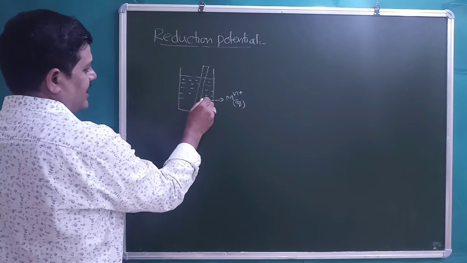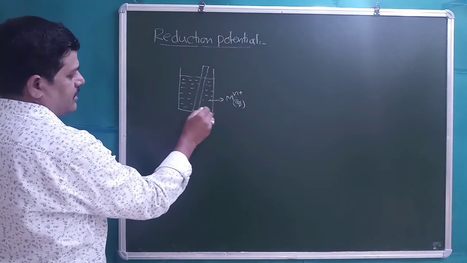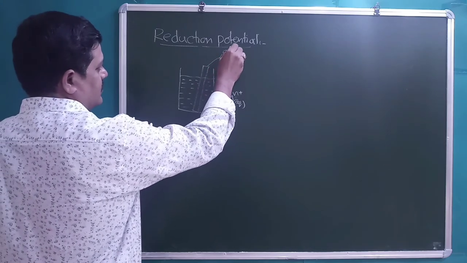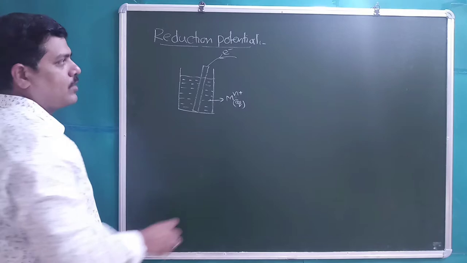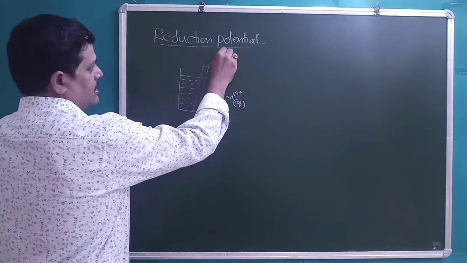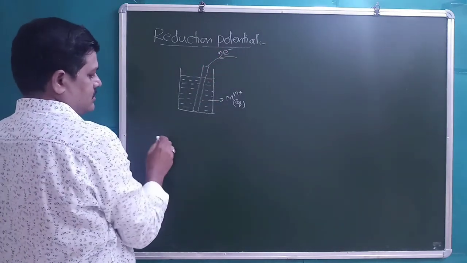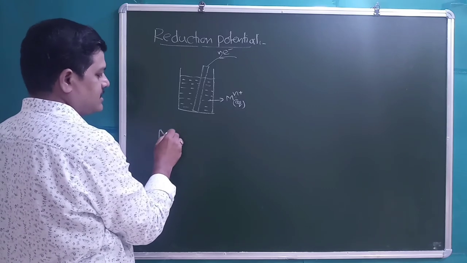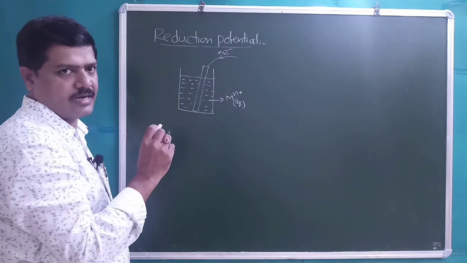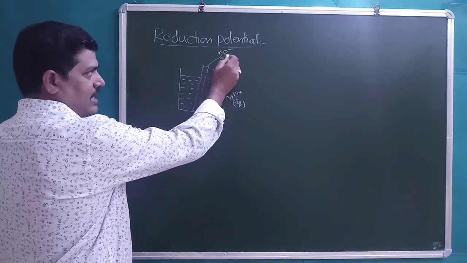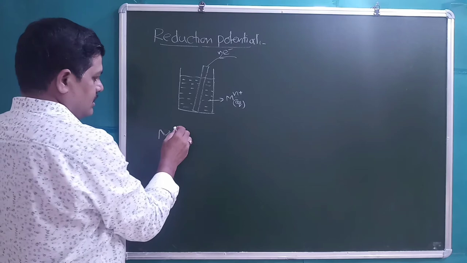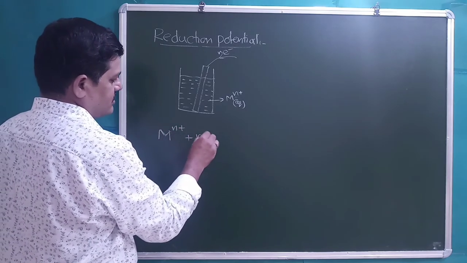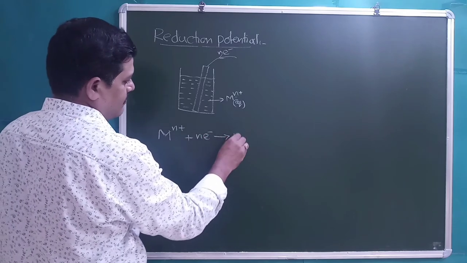If we are providing electrons through the external circuit, the metal has a tendency of undergoing... that is not a natural tendency. When we are providing the electrons from the external circuit, the metal ions will gain these electrons and convert into neutral metal.